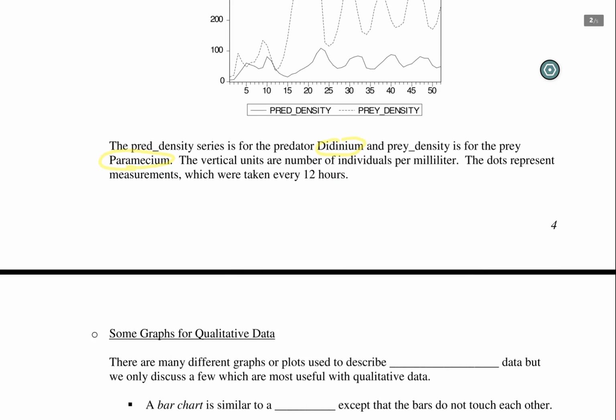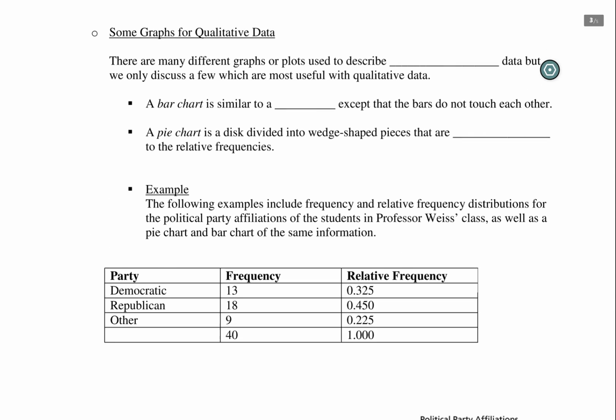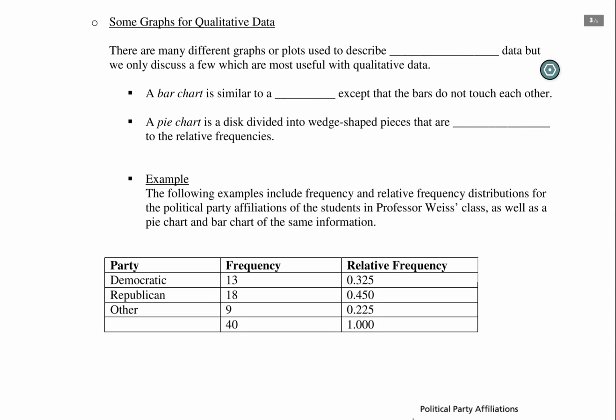Moving on from graphs for quantitative data, let's look at graphs for qualitative data. There are many different graphs or plots that can be used for qualitative data. Remember, qualitative data is naturally non-numeric. It's categorical in nature. Here's an example.